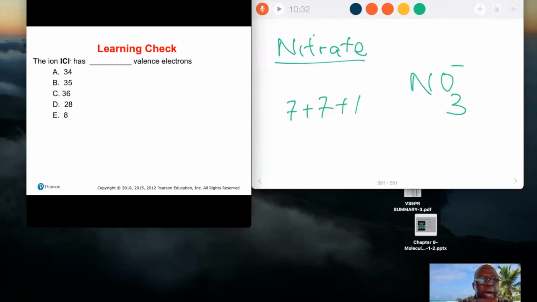The ion I has how many valence electrons?